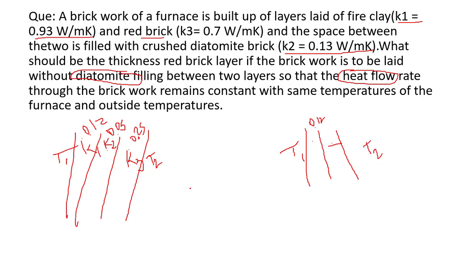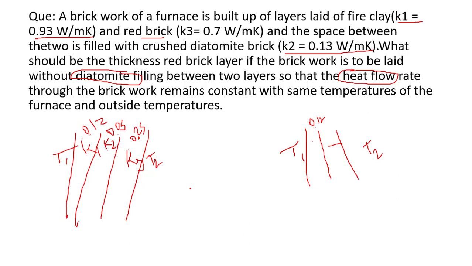So for a single wall we know the equation of heat flow: Q is equal to T1 minus T2 upon resistance. For a single wall the resistance in conduction is X upon KA.